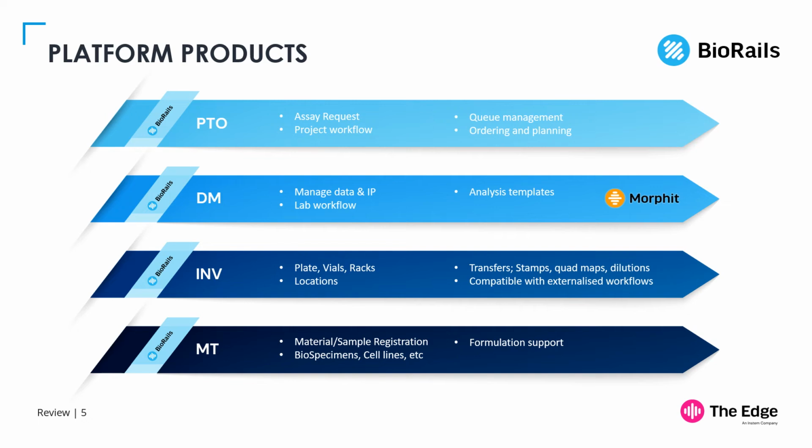This provides the whole workflow with access to the quantity and location of materials to test, or indeed the location of samples which have been generated from those assays as well. So those four modules work together in unison to help you to transition between the logistics, the testing, and the analysis and publication of results.